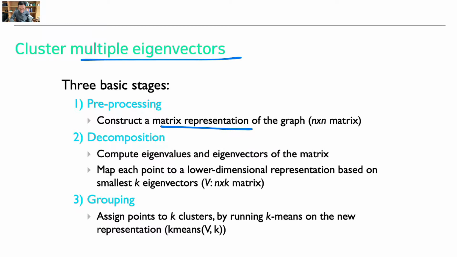Different from the regular spectral clustering, we get the multiple eigenvalues and eigenvectors, and we get the row dimension representation considering k number of eigenvectors, not only the second smallest eigenvector. And we run the k-means on the representation, and we get the k clusters.